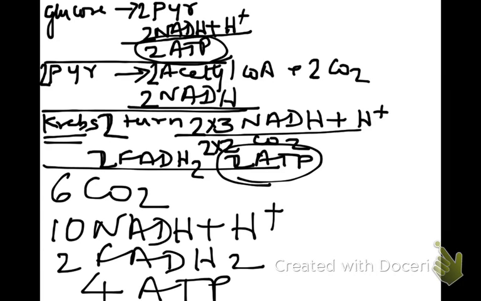Okay, so this is what you get out of the whole process of complete breakdown of glucose, and this is the number of NADH and H plus and 2 FADH2 that you get.